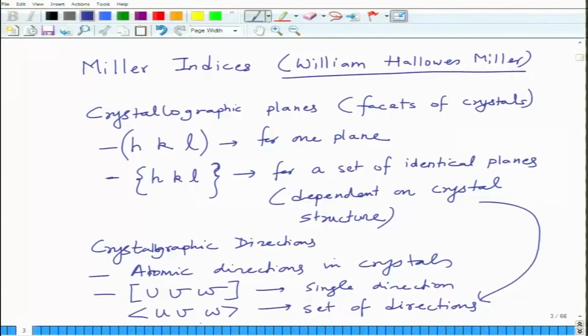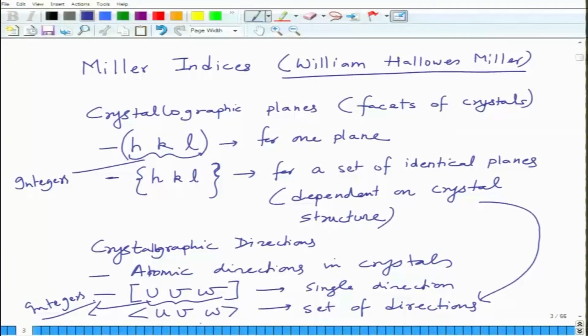And here H, K, L and U, V, W all are integers.